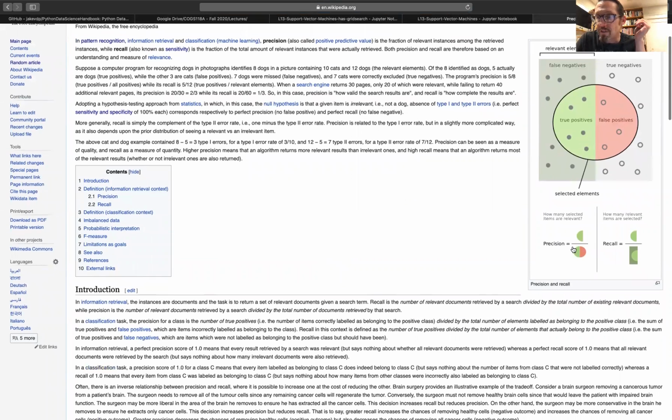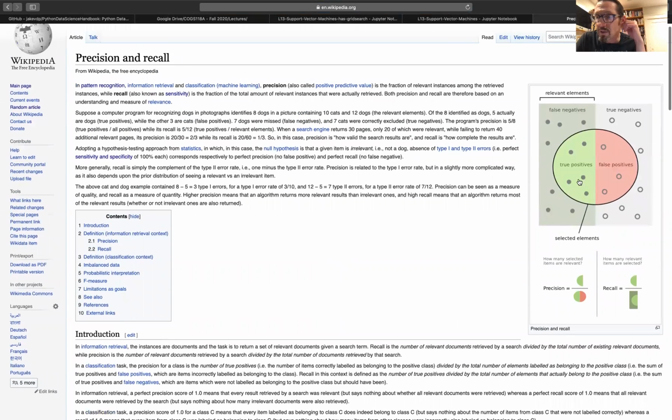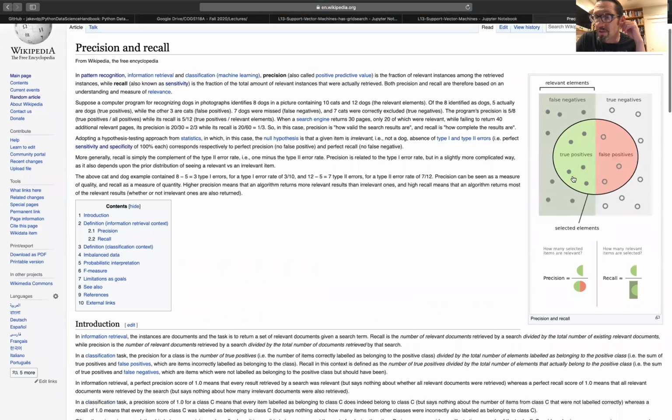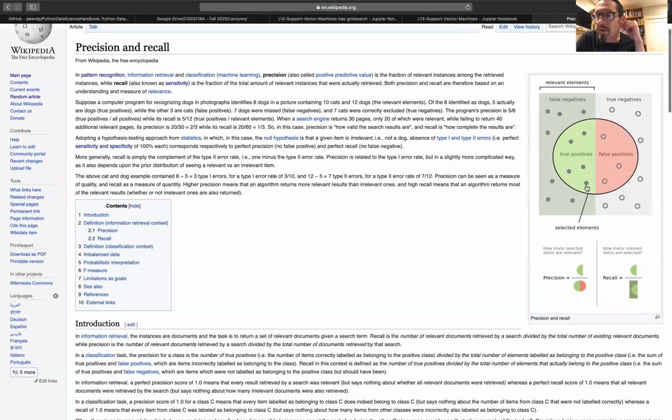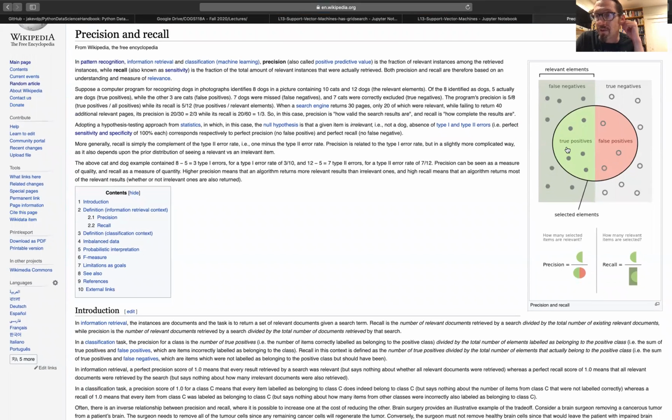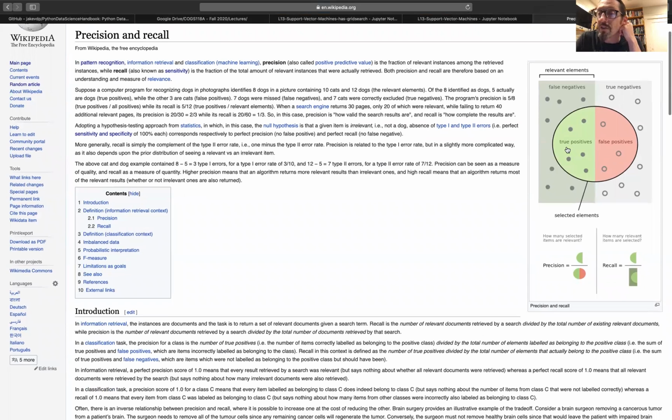Something that is precise gets you good true positives, right? How many selected items are relevant? How many of the things that you've selected are the real deal? So if we have very few false positives, then the precision number is approaching 1, right?